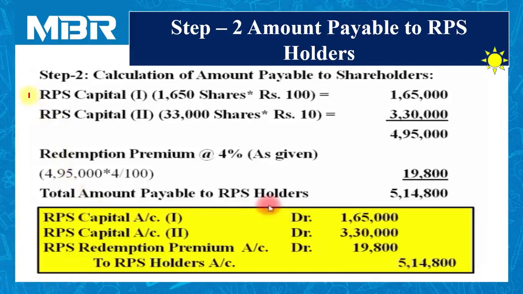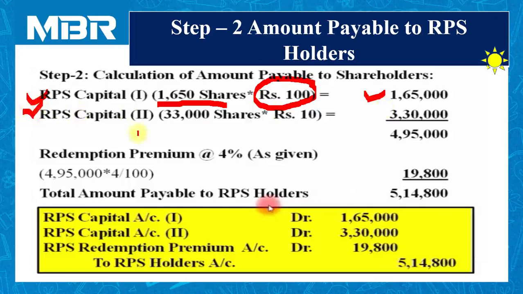So let us calculate amount redeemable or payable to RPS holders. RPS capital 1, 1650 shares multiplied by their face value 100 rupees. So 1,65,000 redeemable to RPS 1.